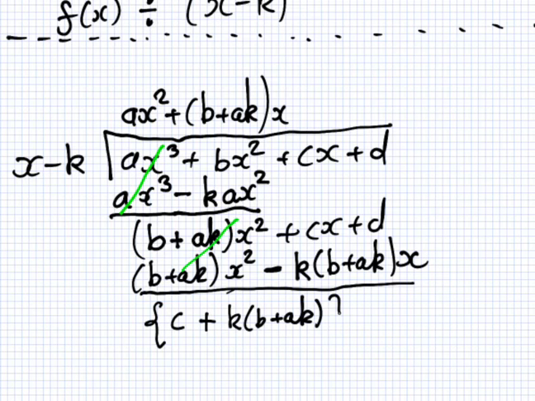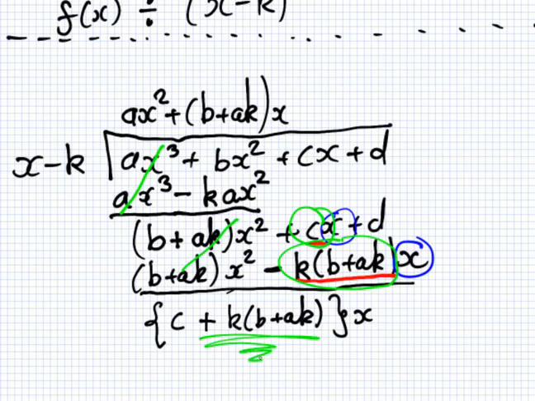Okay, so write that bit down. Right, so what's the next part up here? Well, it would be plus (b plus ak) x. Oh yeah, and I should carry these down.